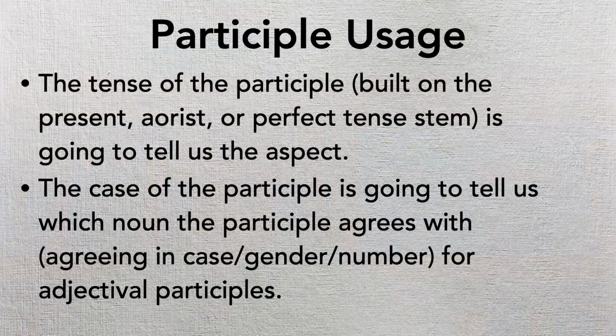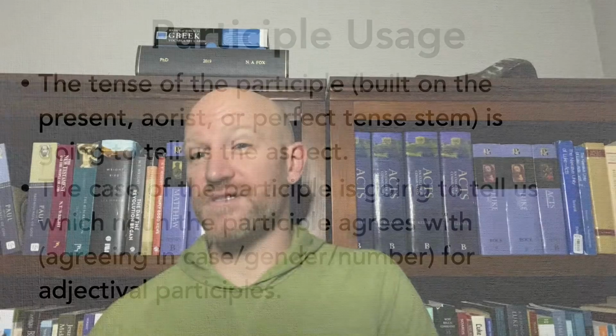But those are going to be the three tense words we use with participles, okay? Now, the case of the participle is going to tell us which noun the participle agrees with in case, gender, number, okay? Particularly for adjectival participles, that's going to be important, okay? Now, adverbial participles are still going to have case. It's just doing something a little bit different, okay?